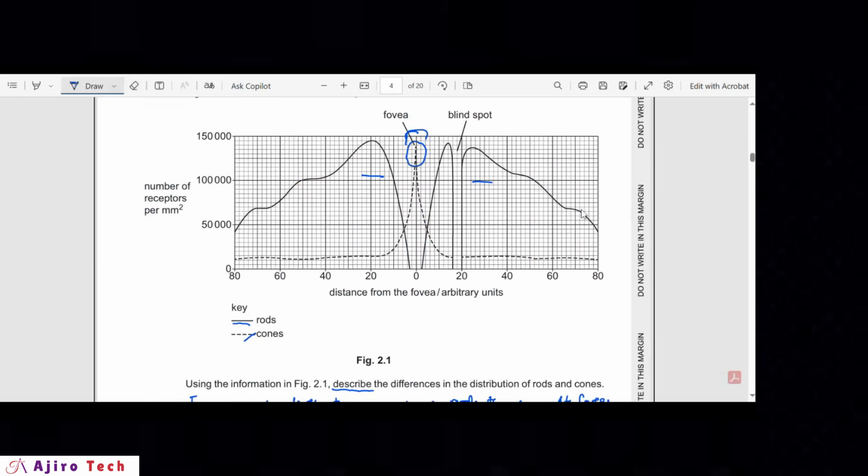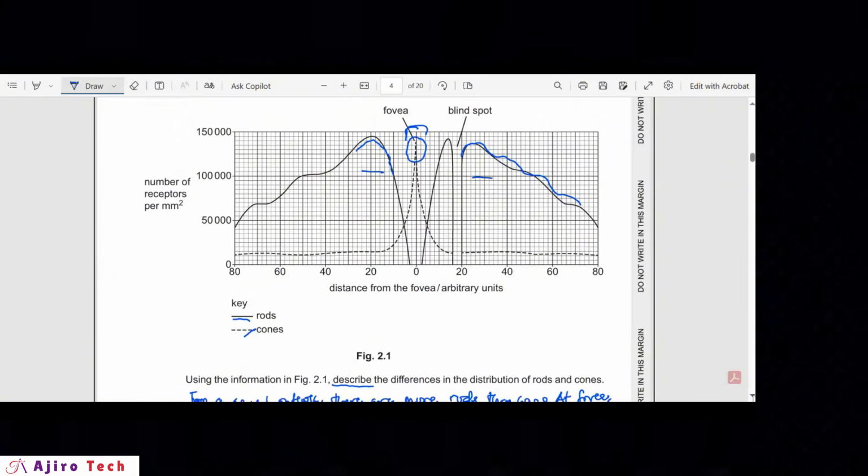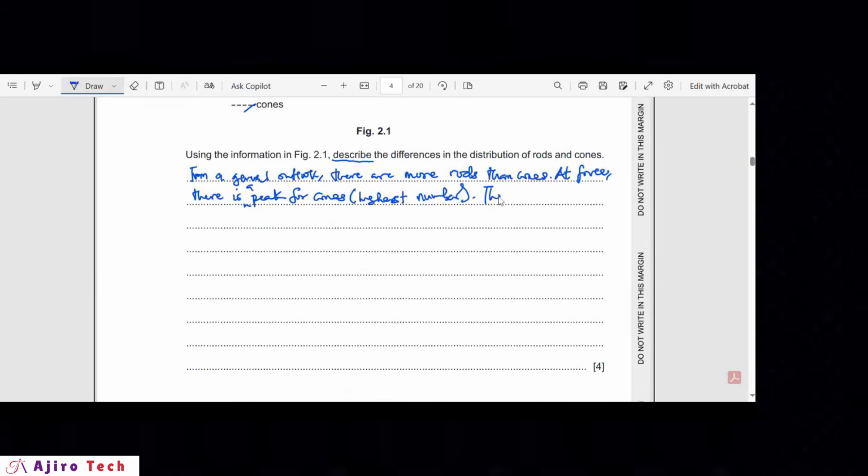So there are two peaks. Rods have a peak each.